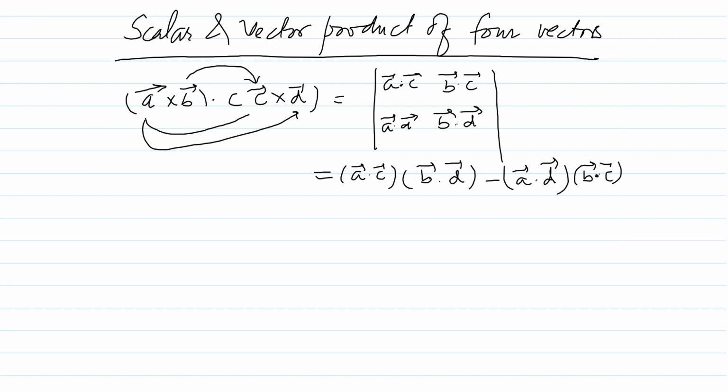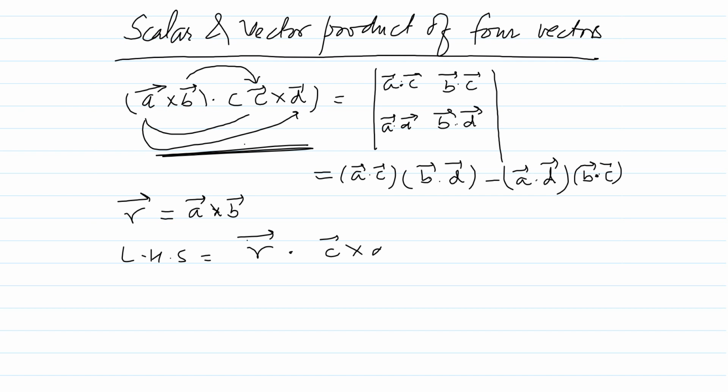So consider C cross D as a vector R. To prove this, we can consider R is equal to A cross B. So the left hand side of the above result can be written as R dot C cross D. And because dot and cross may be interchanged in the scalar triple product, we can write this as R cross C dot D. Why?